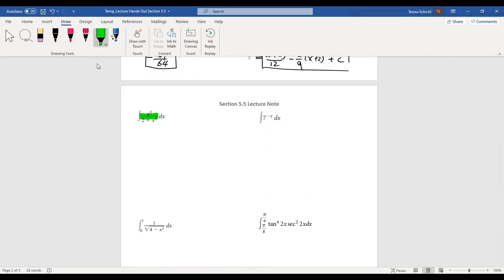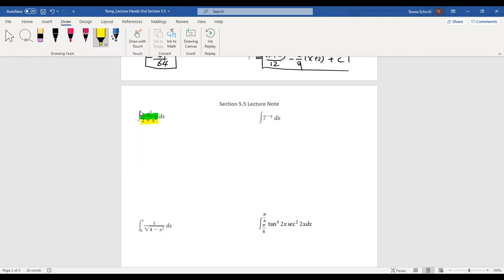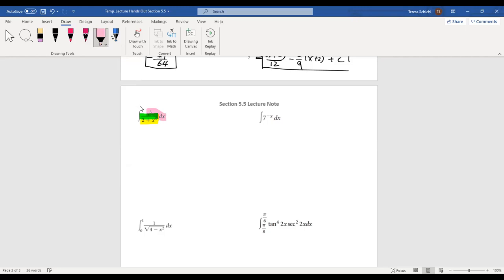Then the next thing is to see which one could be our u. Maybe this one can be our u. After that, the only things left are this x cubed and the dx.